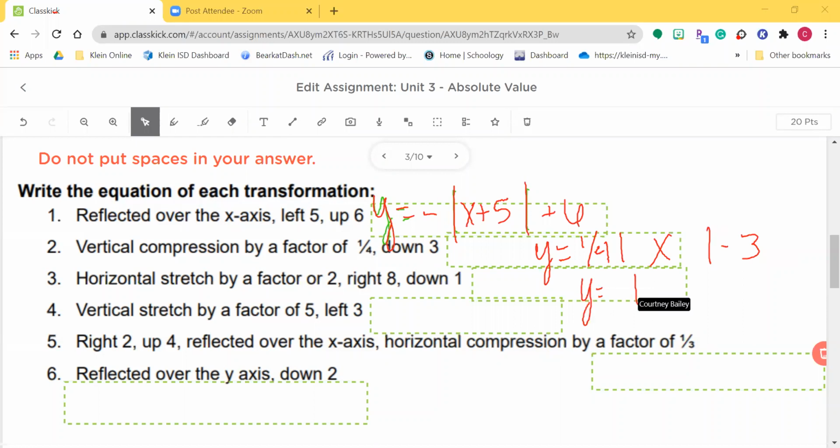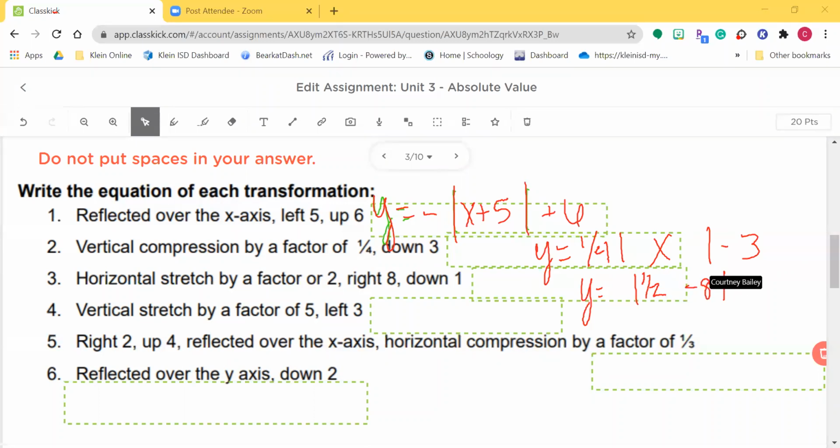Y equals, here's my skeleton. Horizontal, inside, outside? Inside. Is it a 2 or a 1/2? 1/2. It's a 1/2. Right 8, inside, outside? Inside, plus or minus?